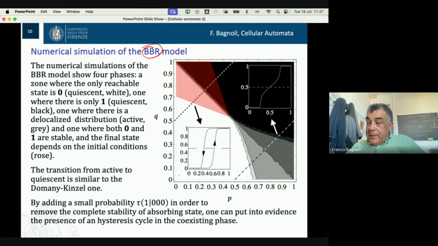In this case, we have three-site interaction, so that now we have the configurations 000, 001, 010, 100, 011, 101, 110, and 111.